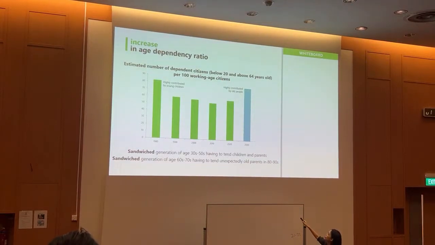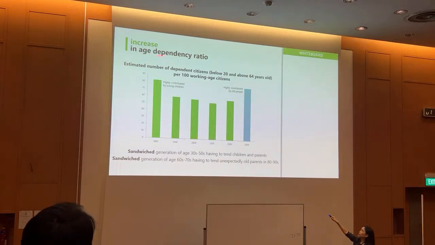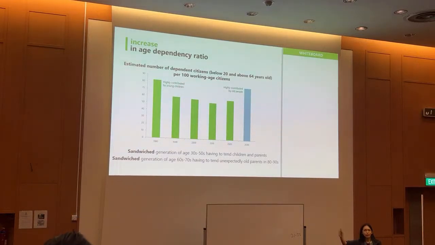So please do not get confused with the dependency ratio related to the quota for foreign workers. They are two different things. They are all called dependency ratio, but they mean different things. When we talk about dependency ratio in population, we are not referring to the quota for foreign workers in Singapore. We are referring to the number of dependents per 100 working age citizens.